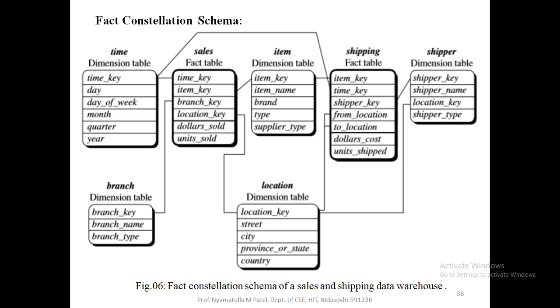For a data warehouse, the fact constellation schema is commonly used, since it can model multiple interrelated subjects.